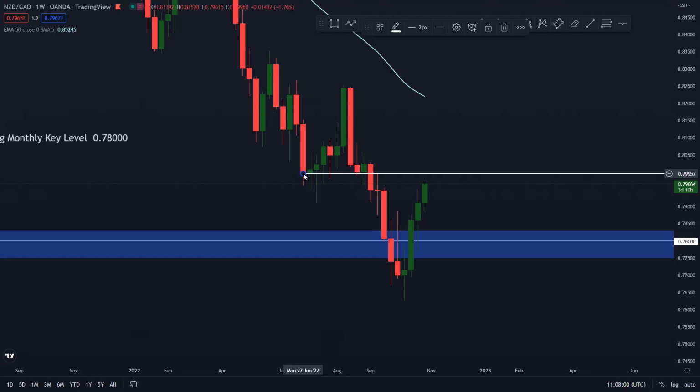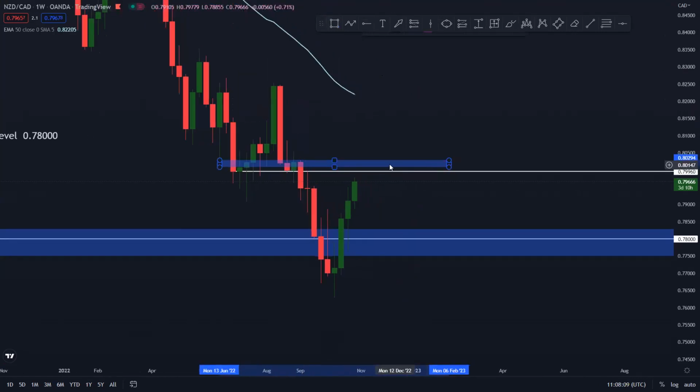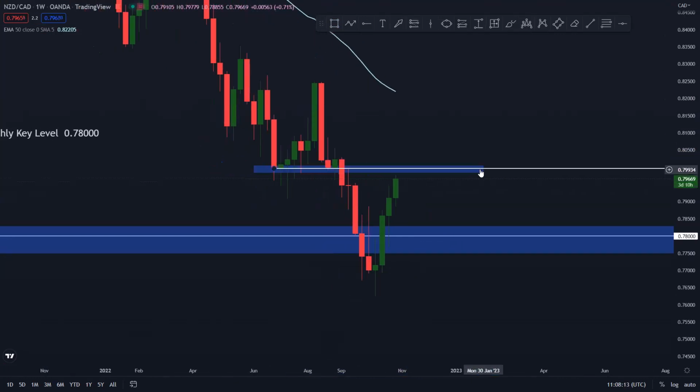And by that, I mean price coming back to the previous weekly market structure. And this would be the previous weekly.